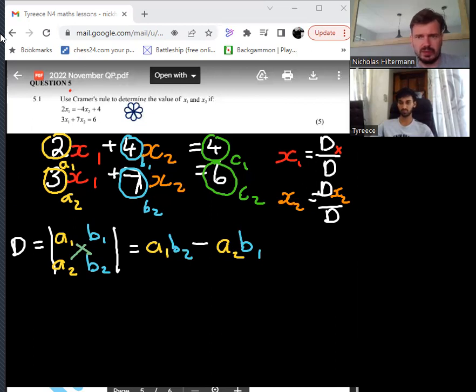A1 is 2, right? So I'm just going to write that on. So it'll be 2 times, and then the B2 is 7, minus A2, which is 3, times the B1, which is 4. And then I get an answer. So it'll be 14 minus 12, which is 2.